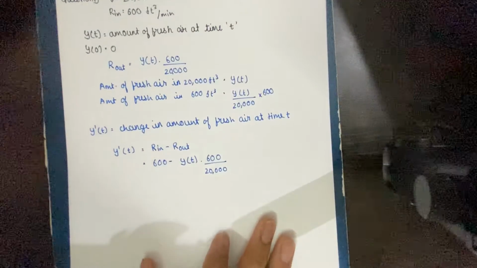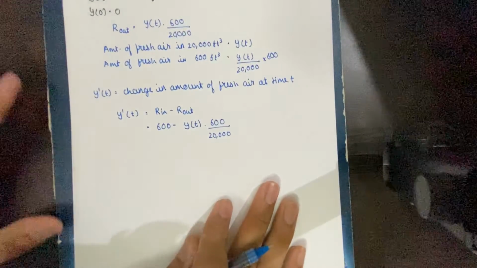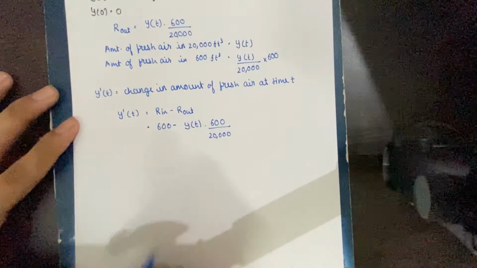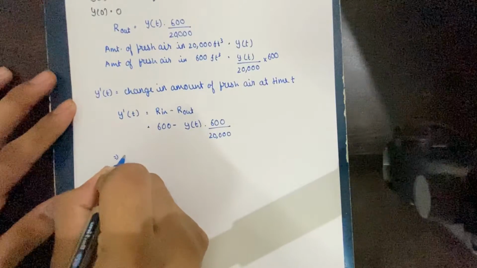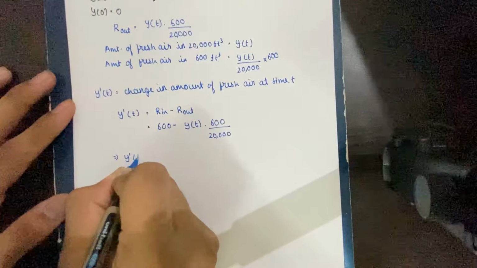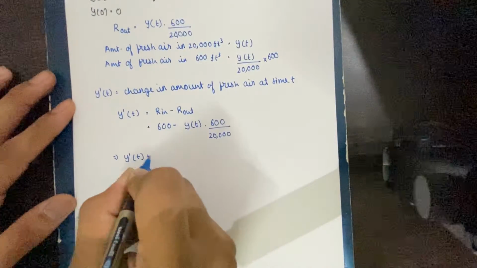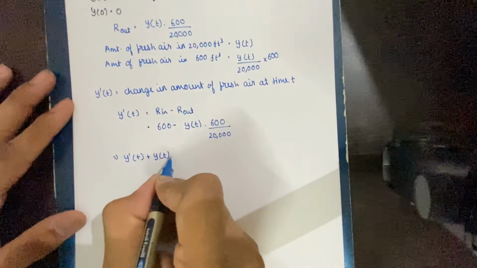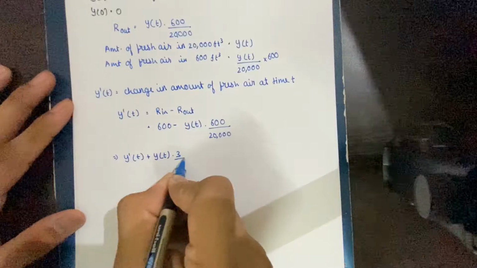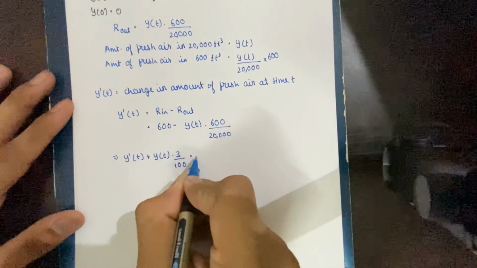Now this is pretty simple. Let's simplify this. We get y dash of t plus y of t times 3 by 100 equals 600.